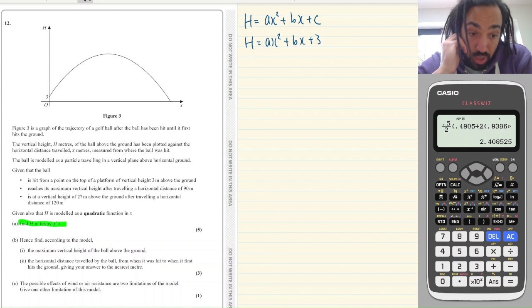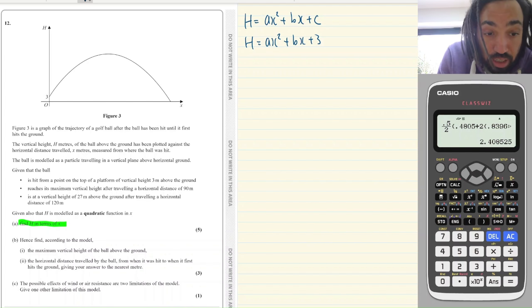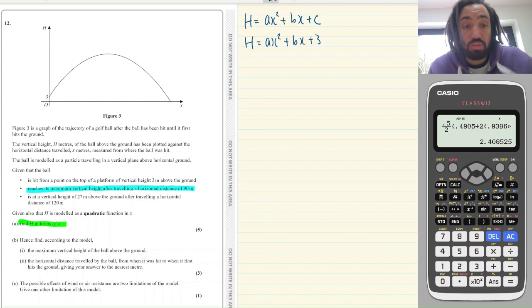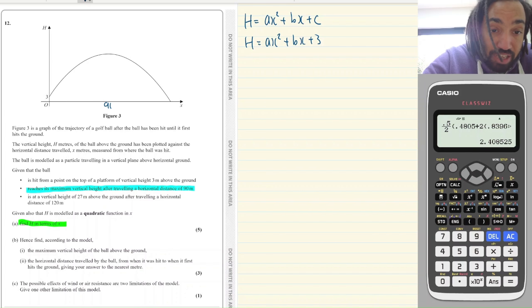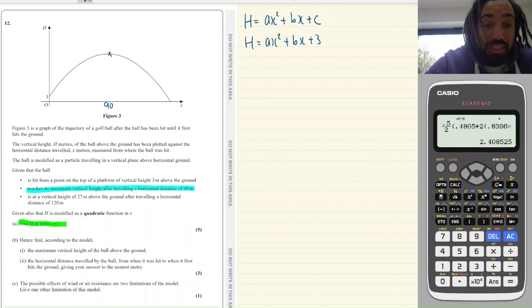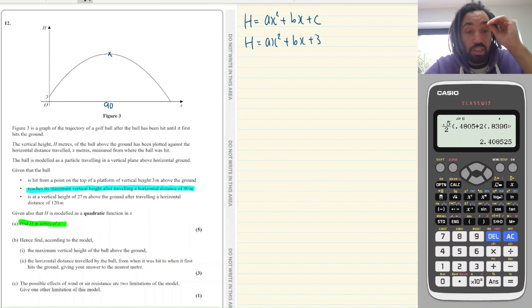We also know that it reaches maximum vertical height after travelling a horizontal distance of 90. Okay, so therefore there 90 is going to be the max height. And what do we know about the max height?